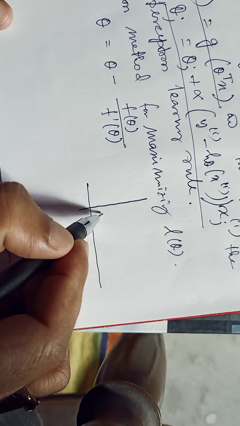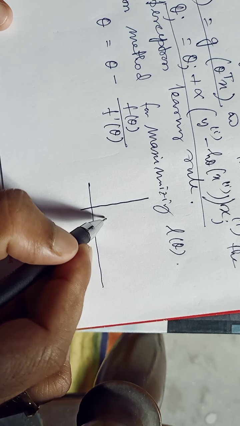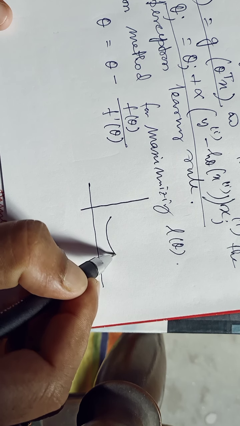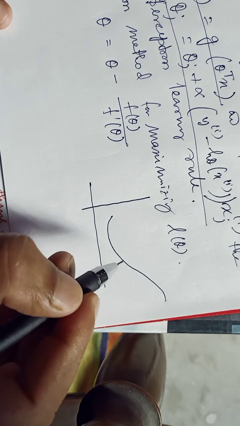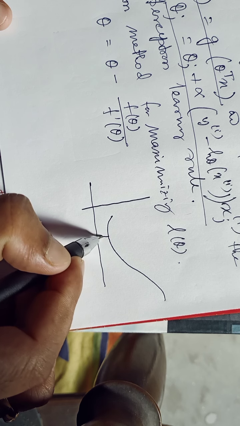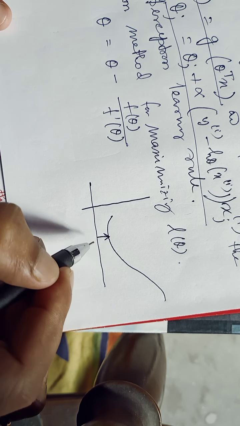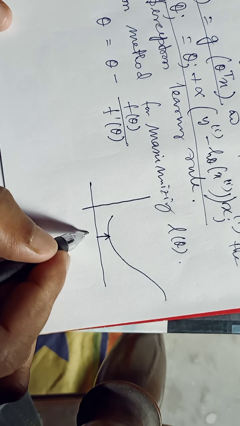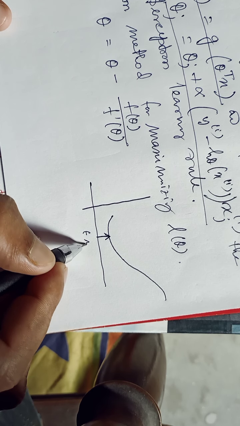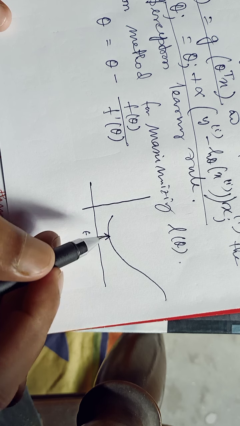Let this be the curve. This is giving the optimum minimization, so error is minimum here, therefore the likelihood is maximum, so epsilon is minimum.